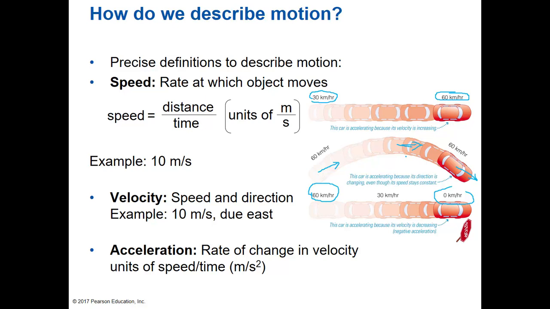Or whenever you're moving in a curved path, even with the same speed, there must be some force acting on it. Without the force, you would never be able to turn a car into a curved path. All right, and the unit of acceleration is meter per second squared. You see this unit here, meter per second squared.